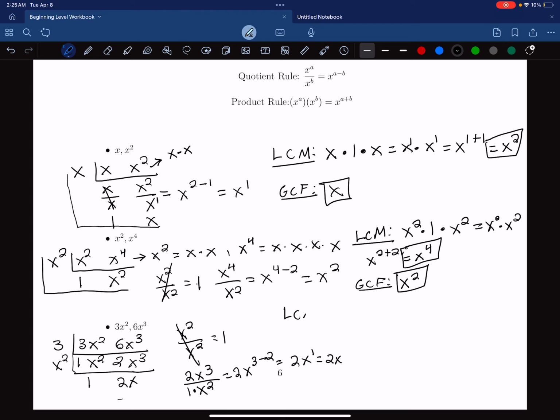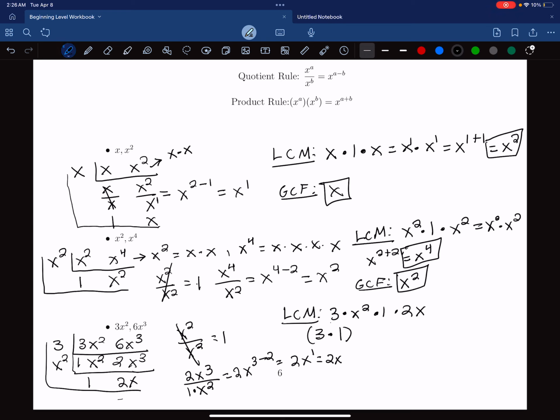So let's find our least common multiple by multiplying everything that we have on the outside. So we have a 3 times x squared times 1 times a 2x. So now to multiply all this together, we're going to multiply everything that has an x together and multiply everything that are just numbers together. So I'm going to write this out in parentheses to group this stuff together, to organize this.